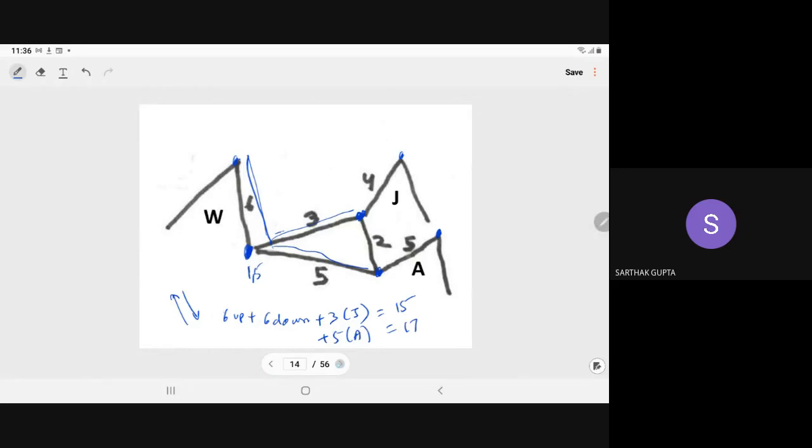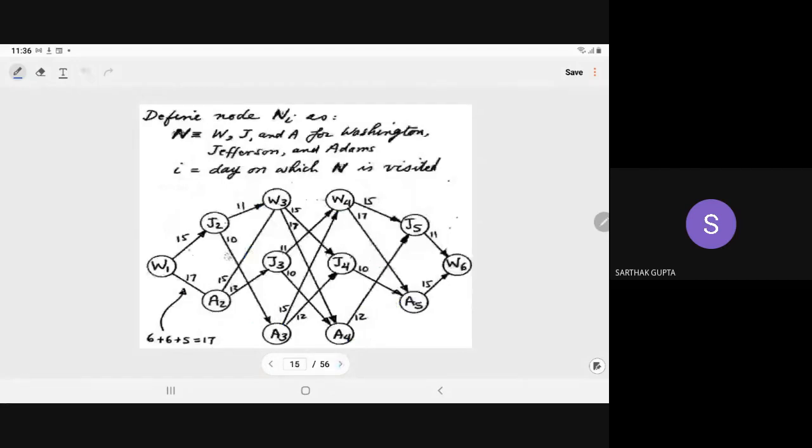So here I will show you that. We define the node Ni, where N denotes any mountain, W, J, A for Washington, Jefferson, and Adams, and i denotes on which day we are visiting. On the first day, we have to visit the Washington, so W1.